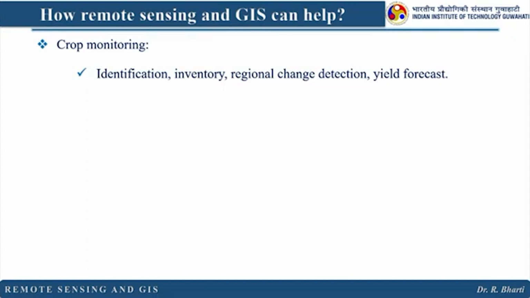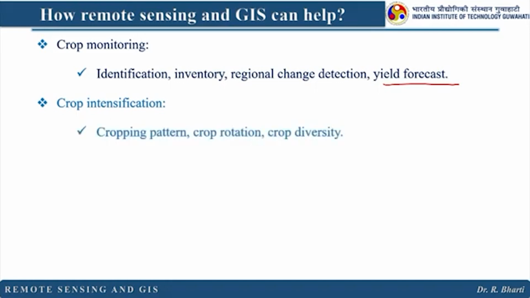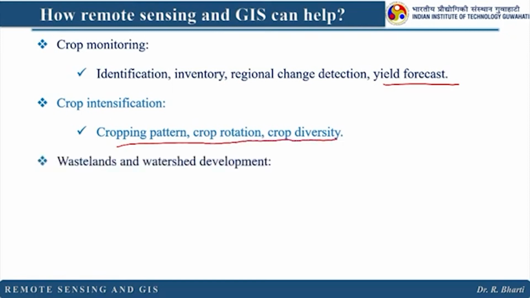Identification, inventory, regional change detection, yield forecast, these things are very popular examples of remote sensing and GIS. Crop intensification, crop pattern, crop rotation, crop diversity, these things you can easily identify.